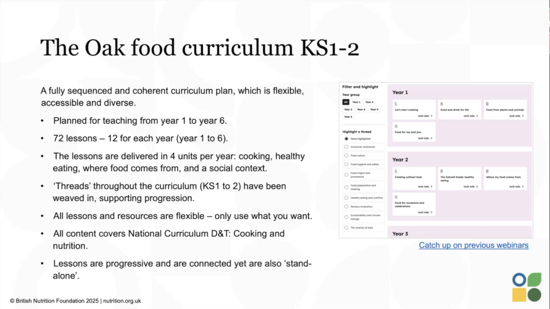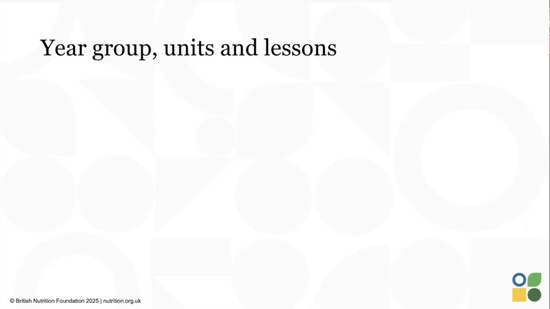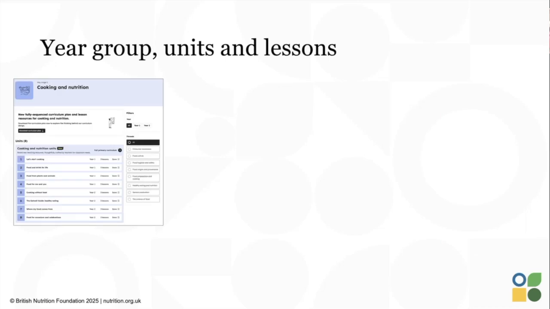Around cooking, for example, we might be focusing on finer motor skills, which might lead from something like very simple spreading through to something like using a knife very carefully and accurately to slice a tomato or cucumber. It's all in here. But also the lessons are standalone. So not only are they connected, but you can go in, take one lesson, one slide from one lesson, and use that straight away.